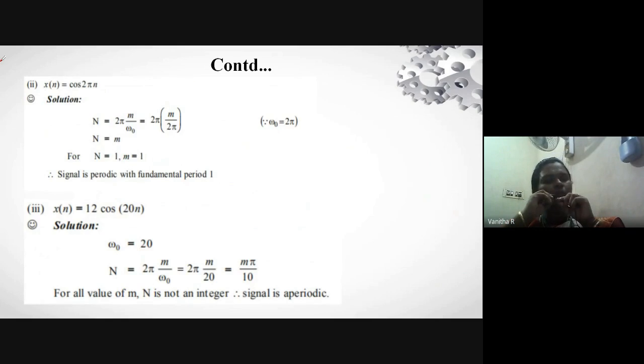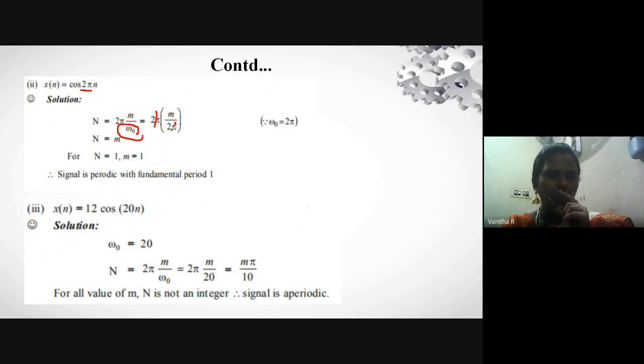Now I have one more example, students. Listen over here. Here I have x of n as cos of 2 pi n. In this problem, 2 pi is omega naught. I'm substituting 2 pi in the place of omega naught. After substituting, I'm getting the n value as m.